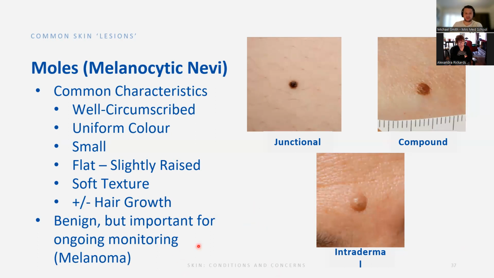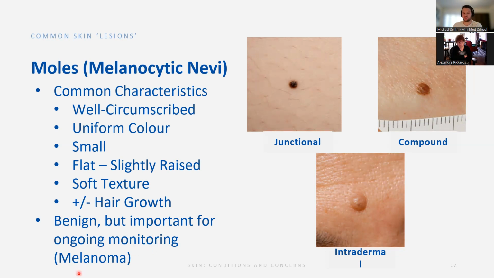It's important to note that when we talk about melanoma, these are also derived from the melanocytes of our skin. However, moles are not precursors for melanoma. So just because you have a mole, it doesn't mean it will eventually change into melanoma.